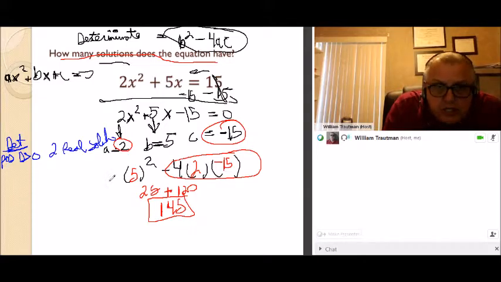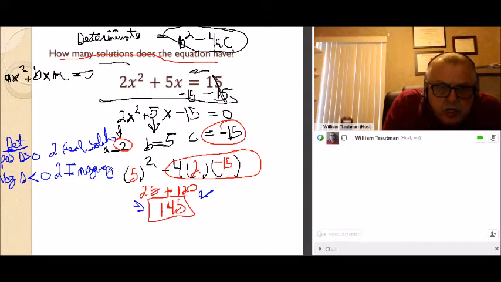If the determinant, if this answer down here is negative, in other words, if the determinant is less than 0, you will have 2 imaginary solutions. Imaginary solutions are solutions with i's in them, right?